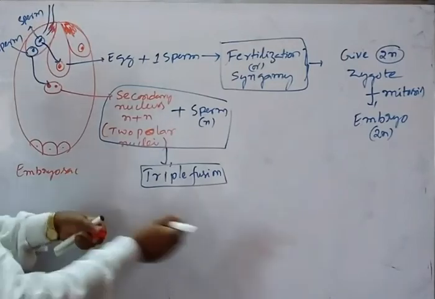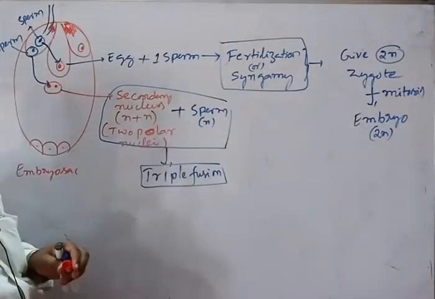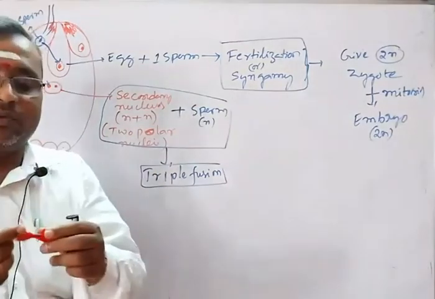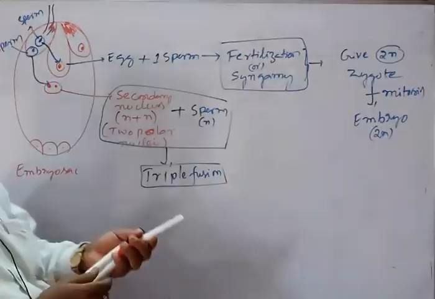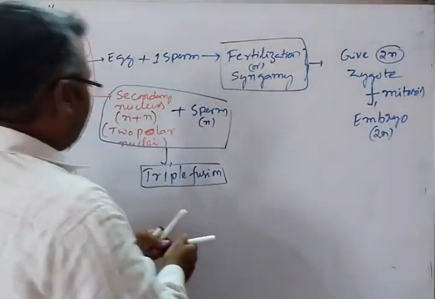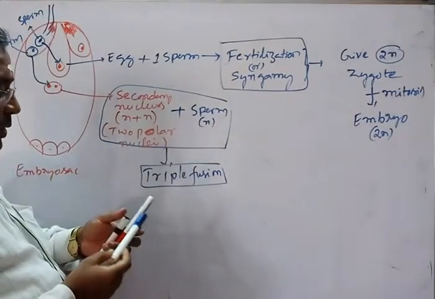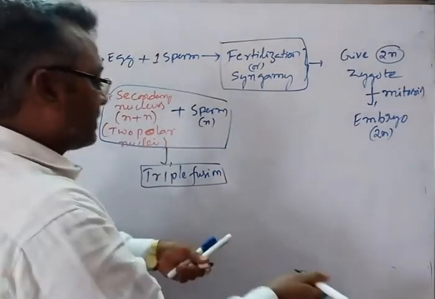Because 2 polar nuclei plus 1 sperm, total 3 nuclei are fused. Hence it is called triple fusion. How many nuclei? 2 polar nuclei plus 1 sperm nucleus. So total 3 nuclei are fused.